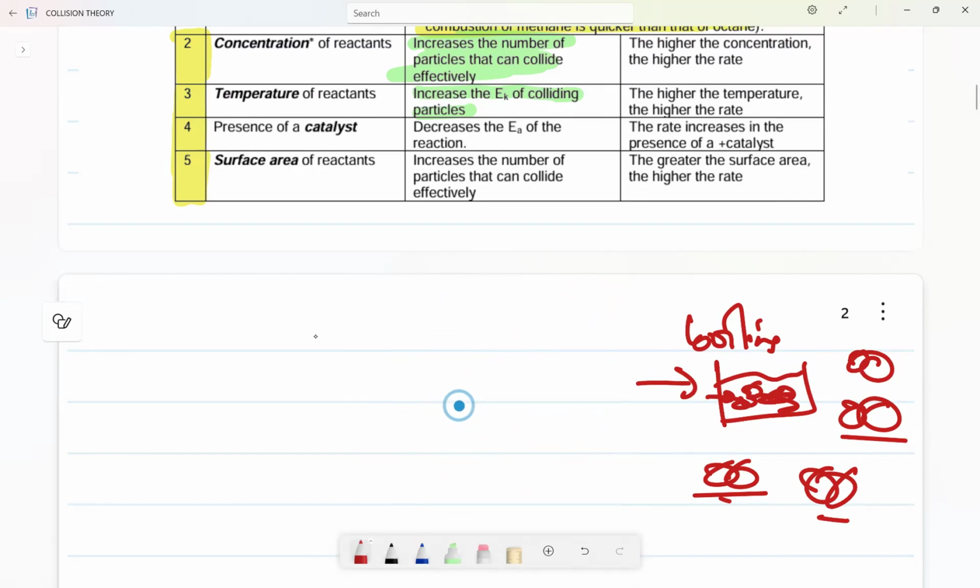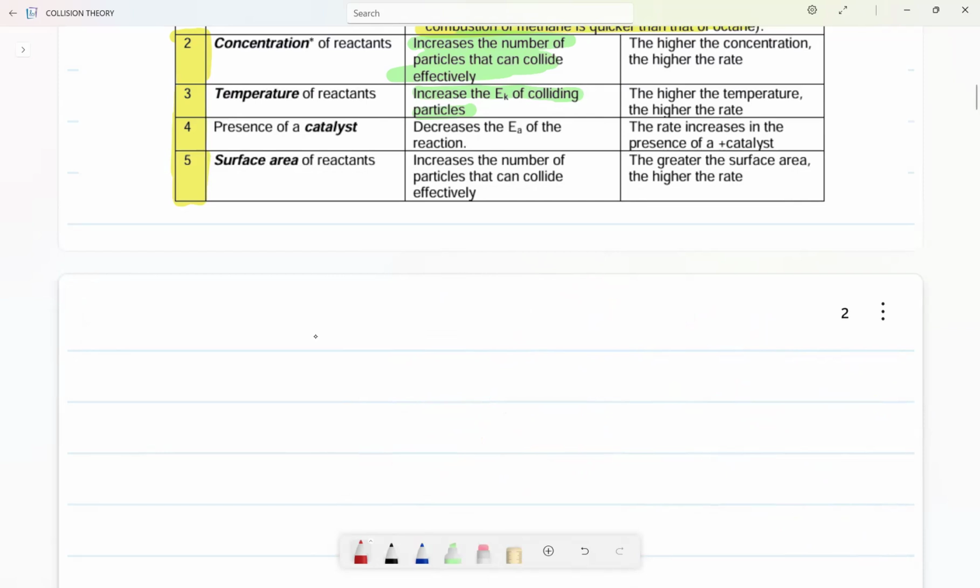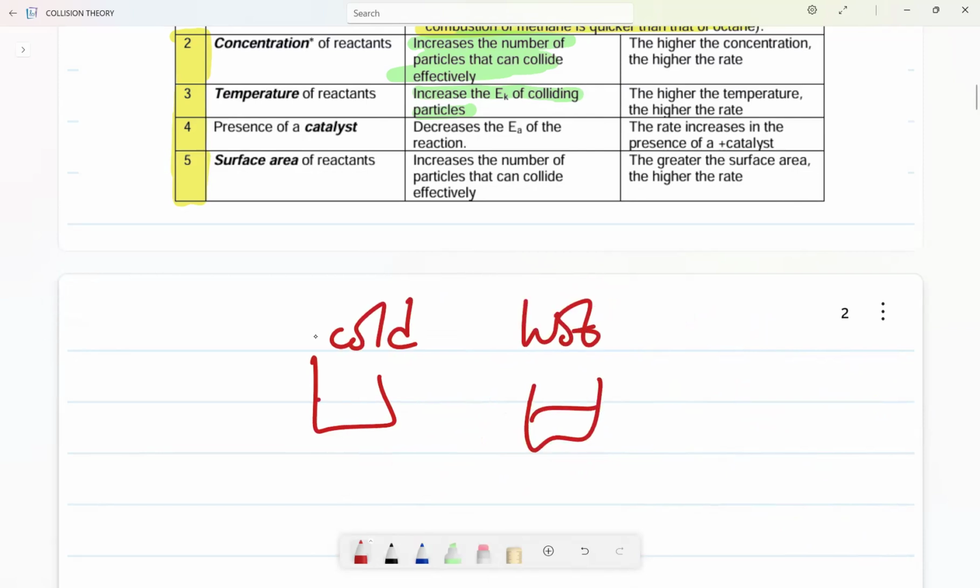An example that you can do at home, maybe you don't know it. If you're having cold water and hot water, and you put a tea bag, let's say this is a tea bag, in here and a tea bag in here, now due to this one having a higher kinetic energy, the particles will collide more with the tea bag, all right?